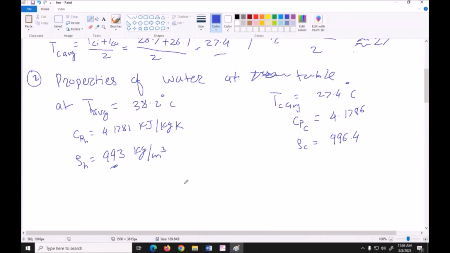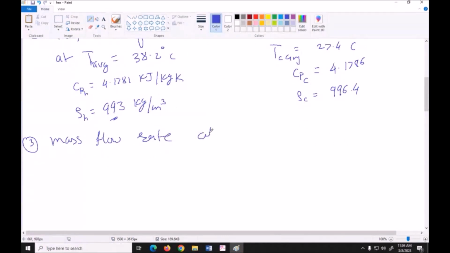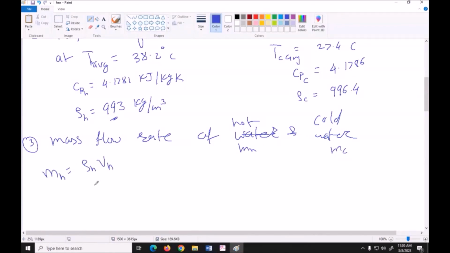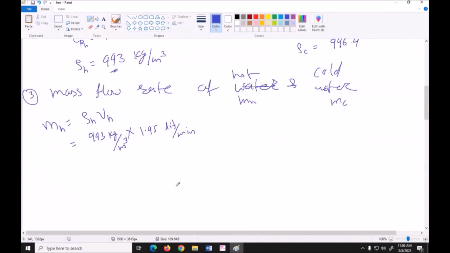Once we know the properties, we can find the mass flow rate. Number 3, mass flow rate of hot water and cold water, that is mH and mC. mH is equal to rho_h into Vh, the volume flow rate. Rho_h is 993, into Vh is 1.95. Density is in kilograms per meter cube and volume flow rate is 1.95 liters per minute, so I need to change the unit to SI.